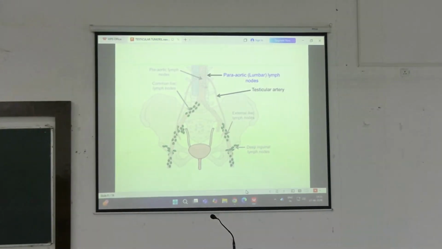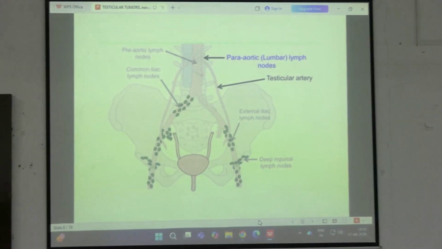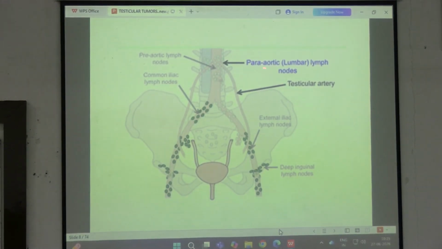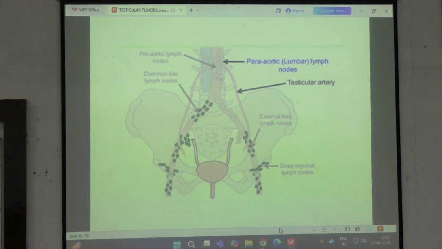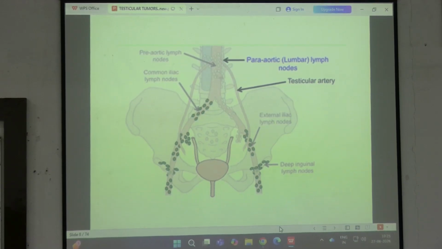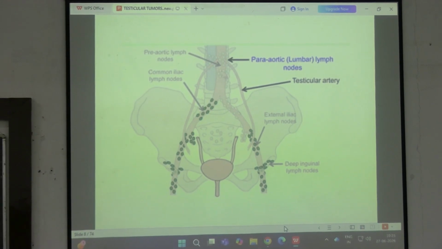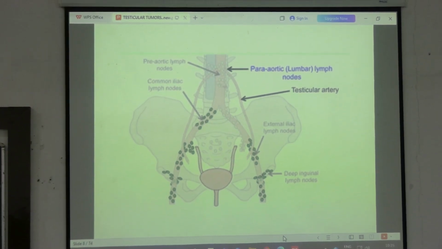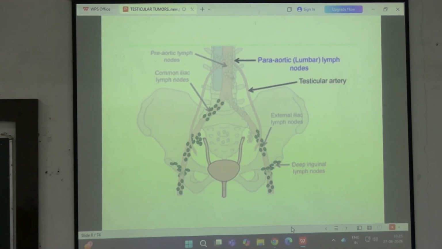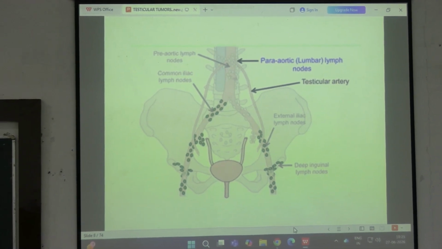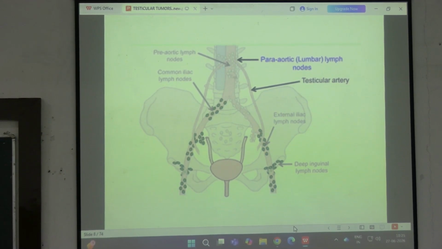Okay, lymphatics: mostly para-aortic lymph nodes drain it. Why is it important? Because seminomas usually spread by lymphatics, and non-seminomatous tumors spread via blood.